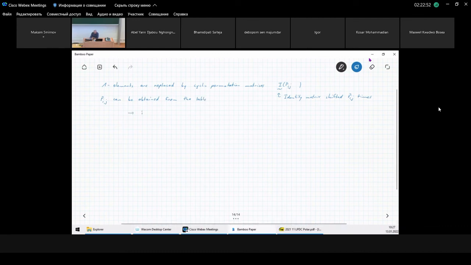Actually, P_ij is the modulus of the entry in the table, V_ij, and the lifting size.